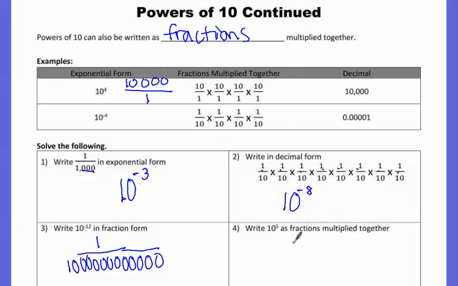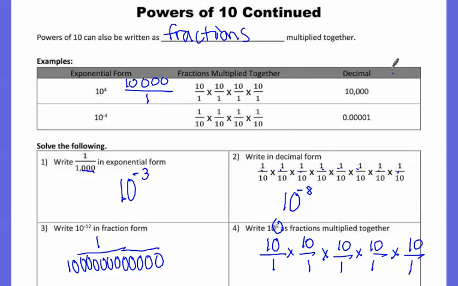Number 4 asks you to write 10 to the 5 as fractions multiplied together. Because it is a positive exponent, it will be 10 over 1, and there will be 5 of them. Pause the video and finish the rest of the page.